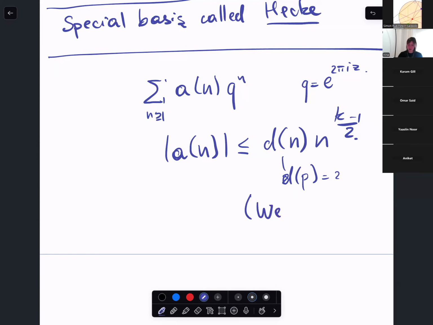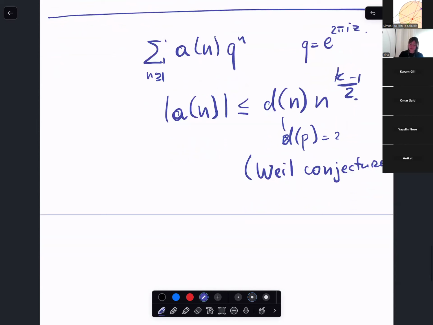It is a consequence of one of the Weil conjectures, and it is a much more modern development in this theory. So this statement of Ramanujan was not formally known until the 70s or something.